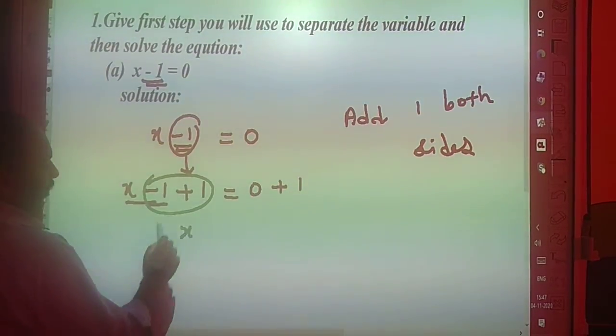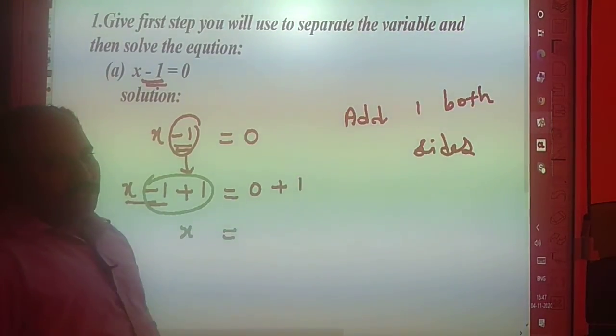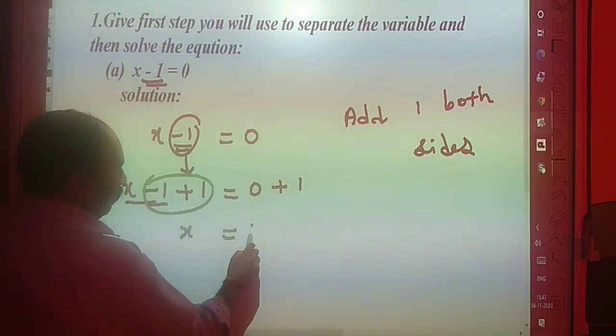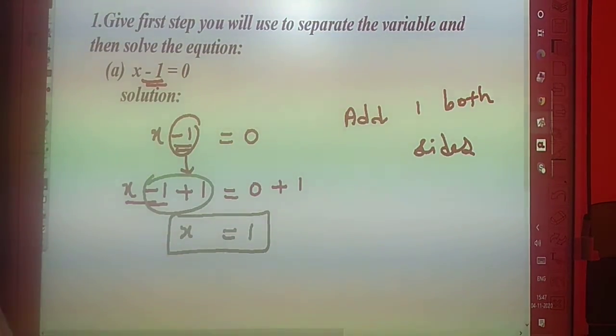So x only remains, and the RHS side 0 plus 1 is equal to 1. So our value is x is equal to 1.